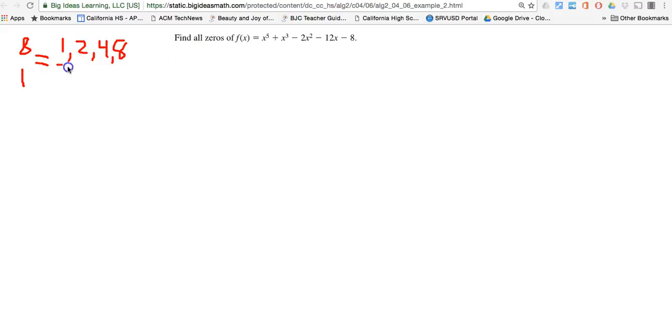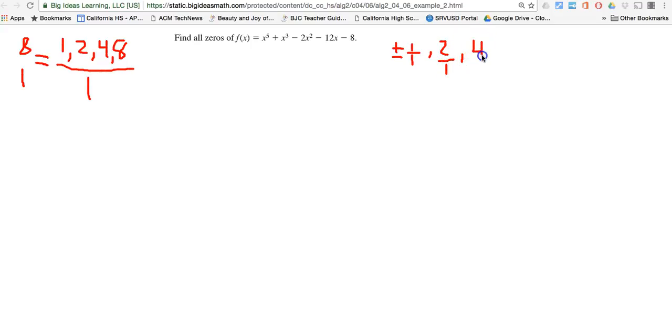So we take all of the factors of 8 and divide that by all of the factors of 1. So what we're going to get here is plus or minus 1 over 1, plus or minus 2 over 1. Now I know these are just whole numbers. I'm just writing this out so you can see it.